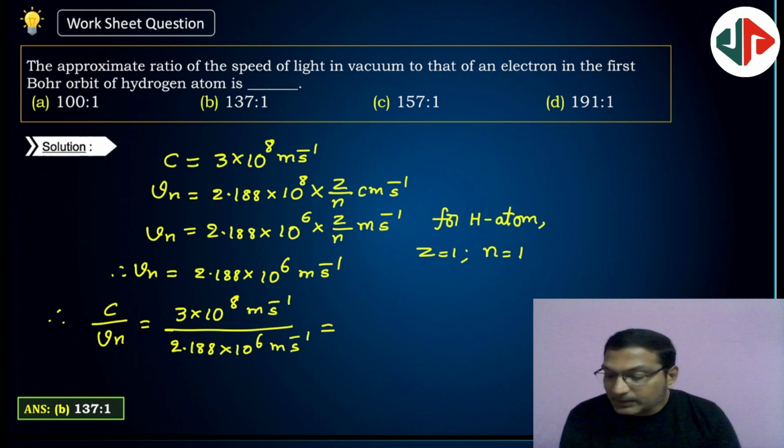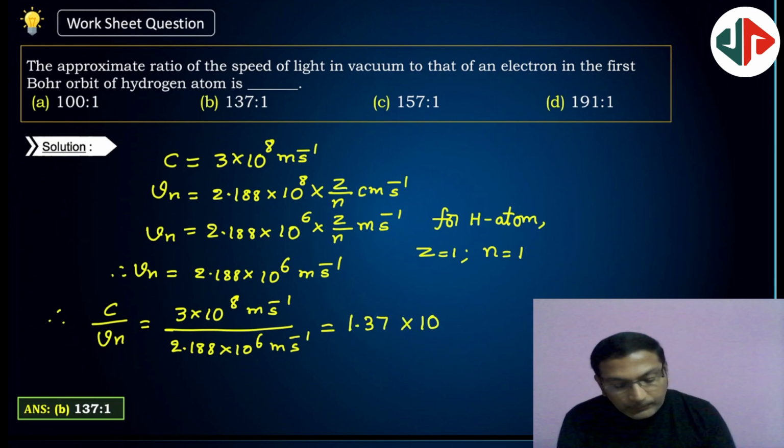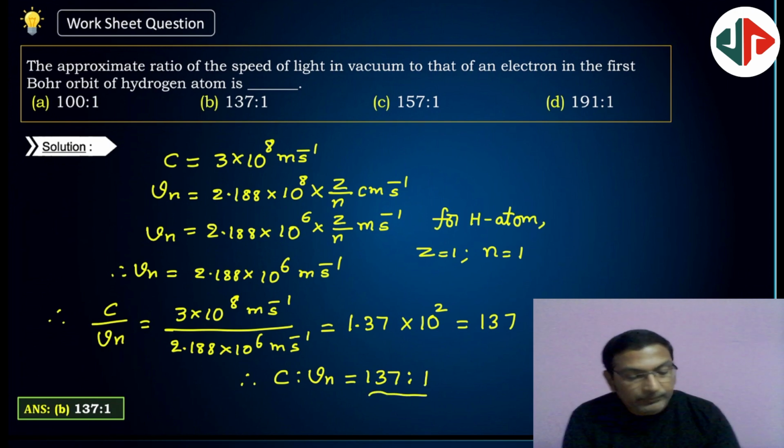So we'll get this value as 1.37 into 10 square, which is nothing but 137. That is, velocity of light in vacuum is to velocity of electron in nth orbit will be 137 is to 1. Therefore, B is the answer.